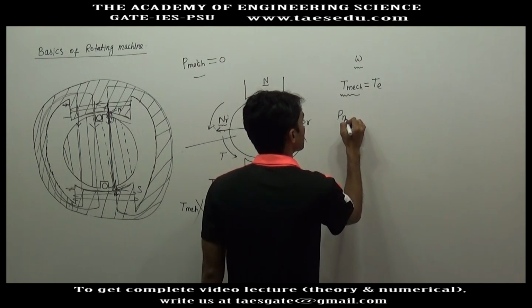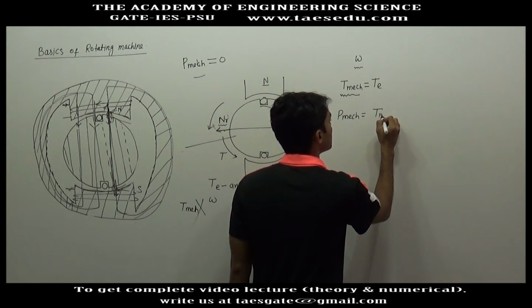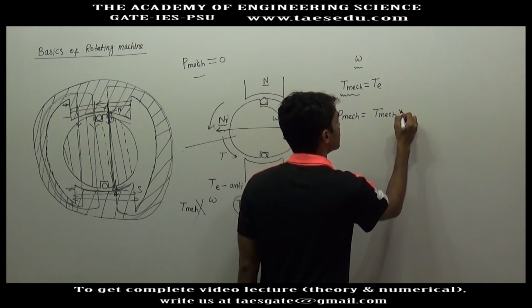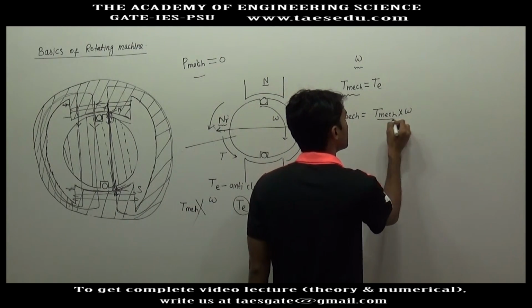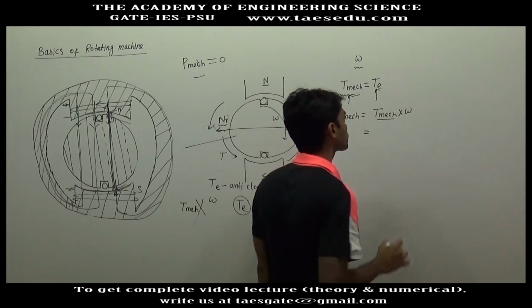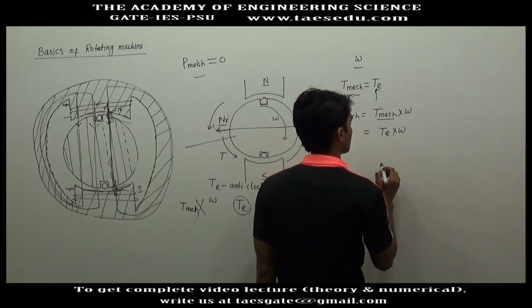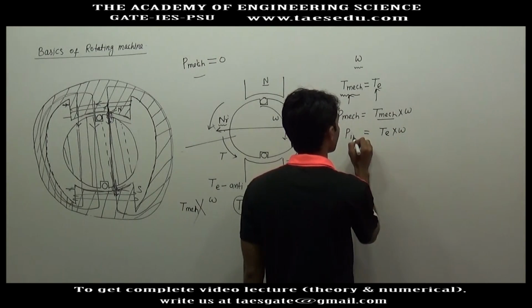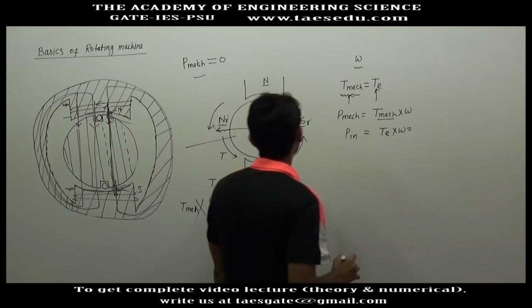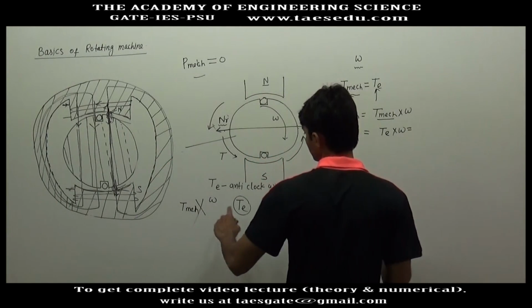So what will be the mechanical input power? Mechanical input power will be T mechanical into omega, and T mechanical is equal to T electrical, just to cancel the electrical torque, so T electrical into omega. This is the input power, and what is the output power?